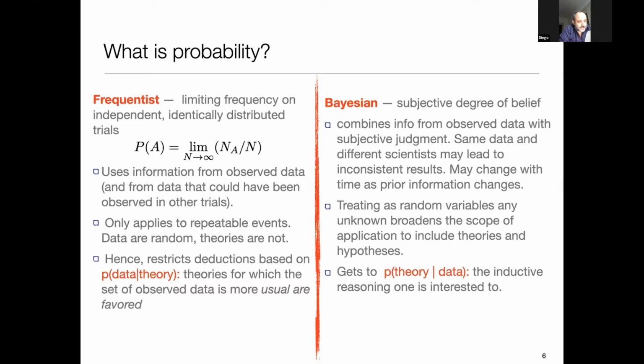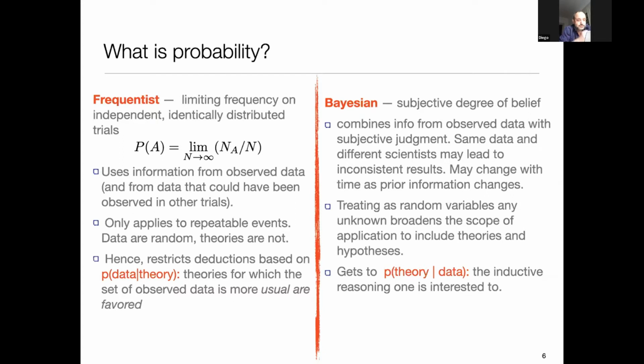Instead, in the Bayesian case, the probability is a subjective degree of belief. And so the information you're using to assess your probability is not only the information you get from data, as you did in the frequentist case. Of course, you take the model, you take the information from data, but here you also add some information, which is the one coming from your belief, okay? And this is typically called the prior information.